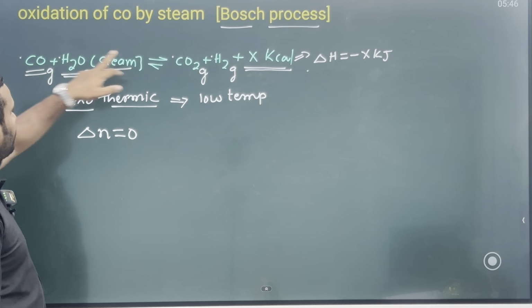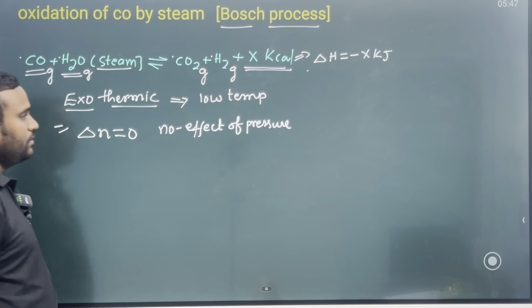Balanced only, so delta N is equal to 0. If delta N is equal to 0, we already know there is no effect of pressure. Pressure has no effect on the state of equilibrium.